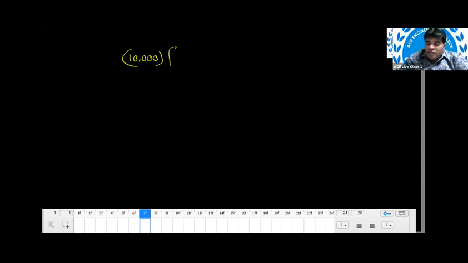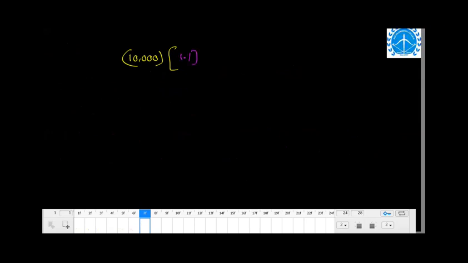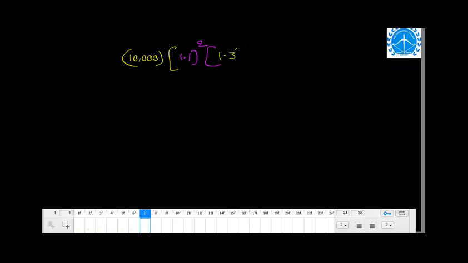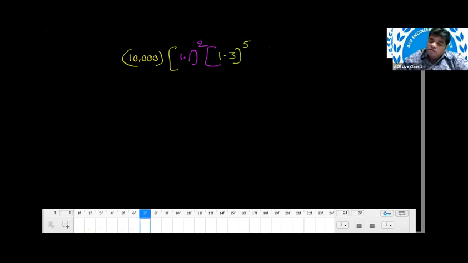First 2 years, the population increased 10%: 1.1 whole square. After 2 years, the population increased by 30% until 5 years: 1.3 whole over 5.